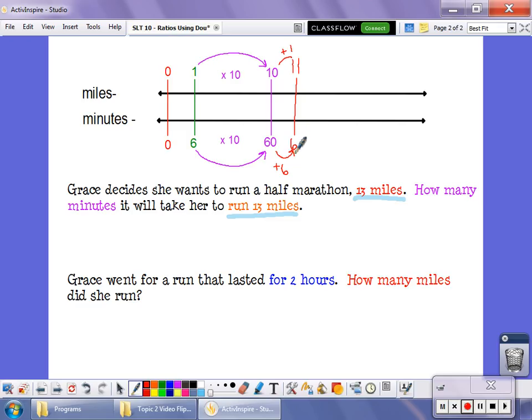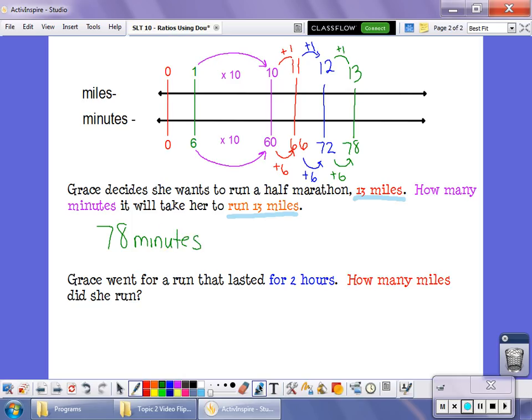So 11 miles would be 66 minutes. 12 miles, which again we're adding 1 more mile up top, so we're going to add 6 more minutes down here, which would give us 72 minutes. And finally our 13 miles, which is 1 more mile and 6 more minutes, would be 78 minutes. So it would take her 78 minutes to run 13 miles.